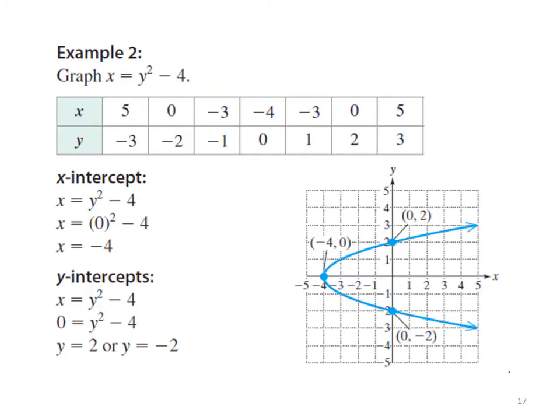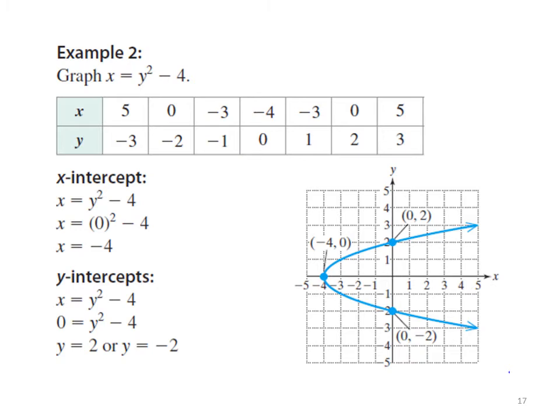Let's look at examples. Here is an example of an equation: x equals y squared minus 4. To graph it, you can select a few values. In this case, it's easier to select values for y and evaluate x.